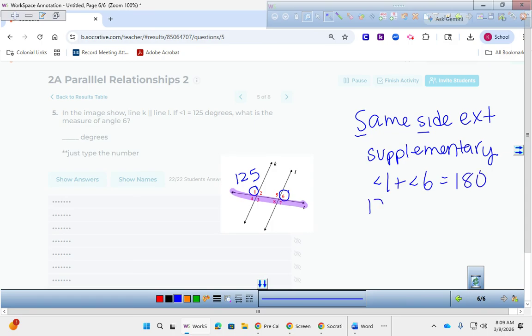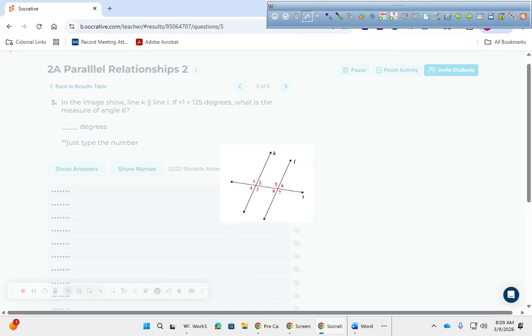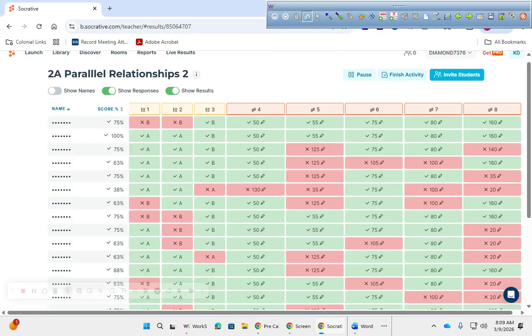If angle 1 is 125, we can figure out what angle 6 is by subtracting the 125 from 180. So I was looking for angle 6 to be 55 here. These 2 angles together have to add up to be 180 degrees. So that was number 5.